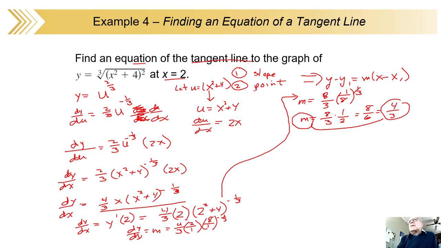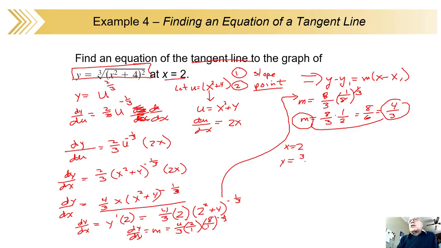Now I need the point. How do I get the point? Well, this function that I'm using, of course, as usual, tells me how I put the x's and y's together into ordered pairs. So I've got an x of 2, that's the one I'm interested in. What's the y value that goes along with that?